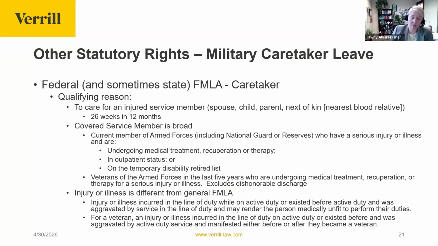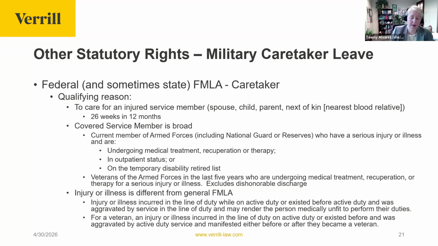It's really the closest level of familial relationship to the covered service member, unless the covered service member has specifically designated an individual to serve as next of kin for military caregiver leave purposes. So it could be a third party who has been designated as next of kin, very similar to the close familial relationship that we see under the main Paid Family Medical Leave Act.